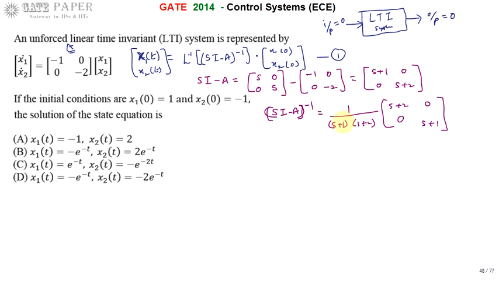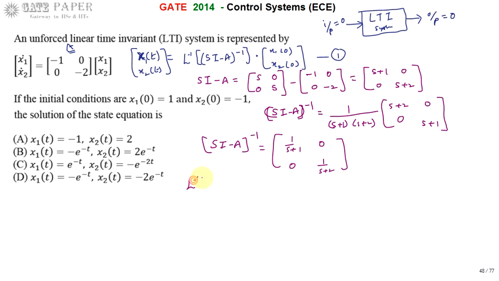Now if you take this inside, (sI minus A) inverse is equal to: s plus 2 gets cancelled, so you get 1 by s plus 1, 0, 0, and here you get 1 by s plus 2. Now apply the Laplace inverse.